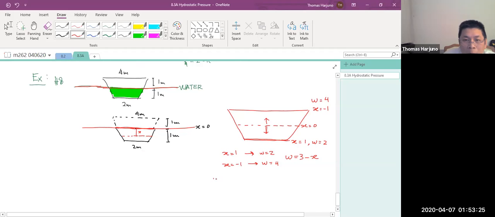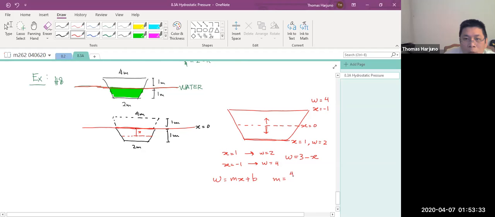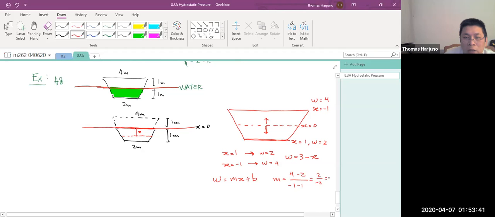We expect W to be mx plus b, right? So what is the slope? The slope is 4 minus 2 over -1 minus 1. That's 2 over -2, that's -1. So W equals -x plus b.